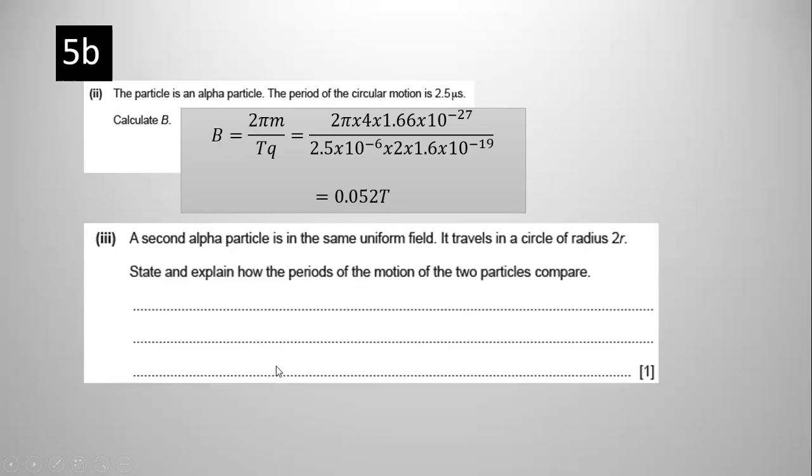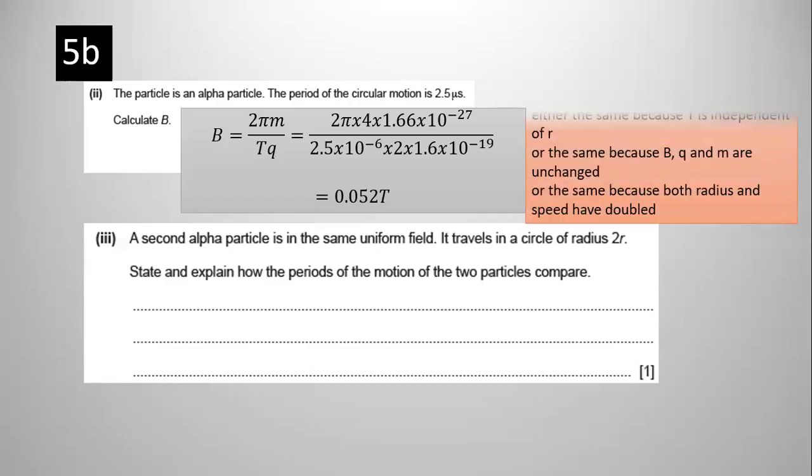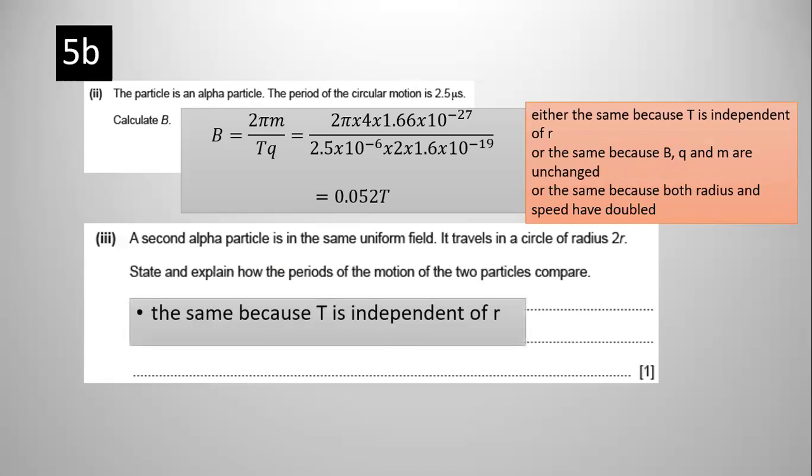Okay, how do you reason it out? The period of the second alpha particle is the same as the first.